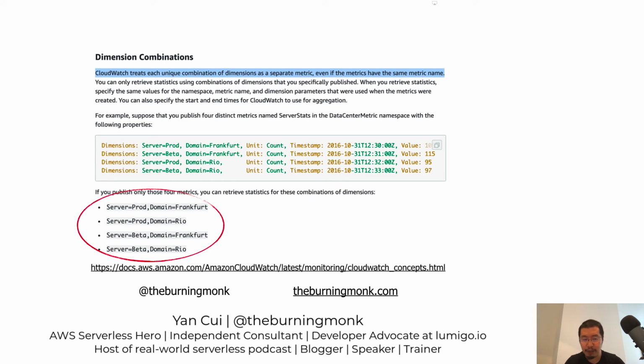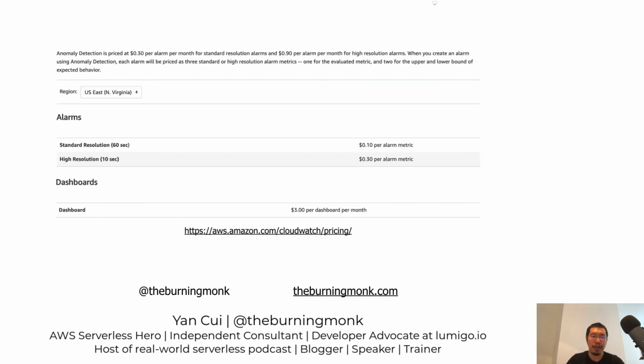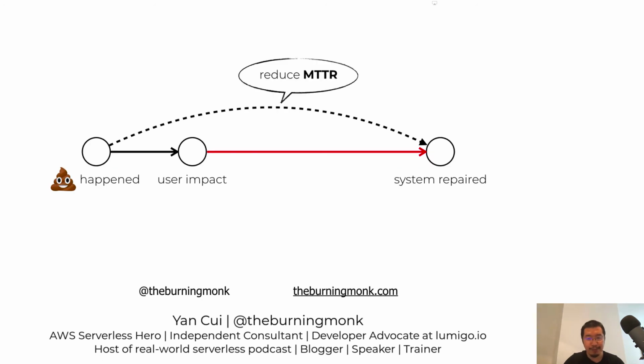So use dimensions, but apply common sense so that you don't let your cost for CloudWatch metrics go out of control. And finally, remember you're paying for alarms as well, which you likely need many of, as we discuss now.